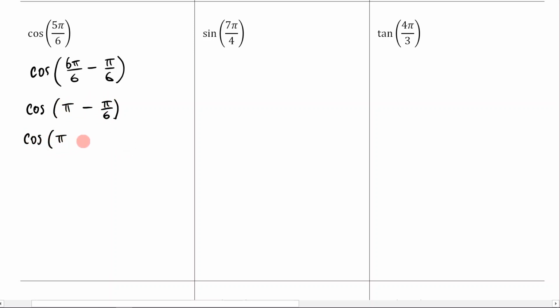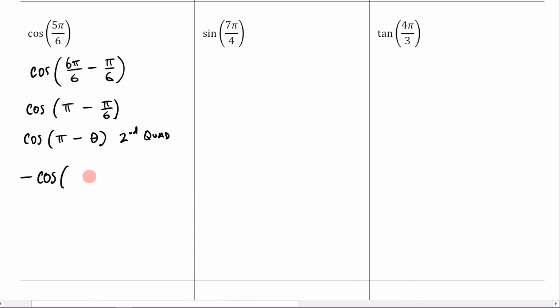This is pi minus an angle. And we know that pi minus theta corresponds to our second quadrant. Now we ask ourselves the question, is cos positive or negative in my second quadrant? Well, it's negative. It's going to be negative cos of the angle. That's what we've learned in our previous lesson, and now we're really seeing it in action. We know that theta is going to be pi on 6.